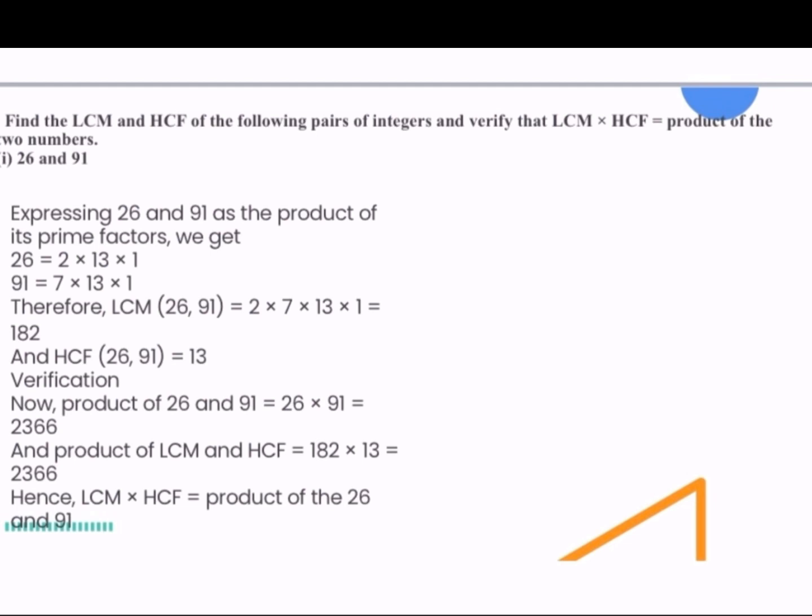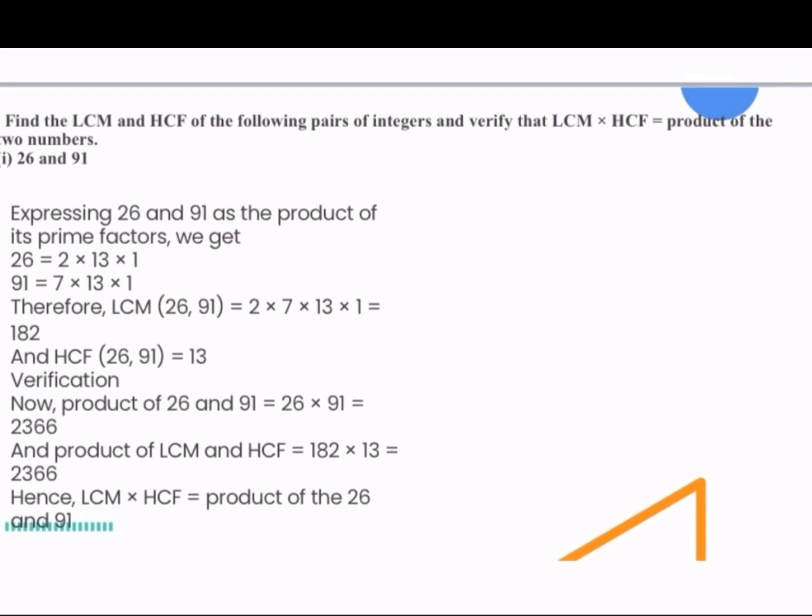So it is obvious that we have to do prime factorization. So 26 is 13 times 2, and 91 is 7 times 13. So that is what is specifically written here. From that we can see that 13 is the common factor. So the HCF is 13, and for the LCM we have to multiply 13 times 2 times 7, so that will be 182.